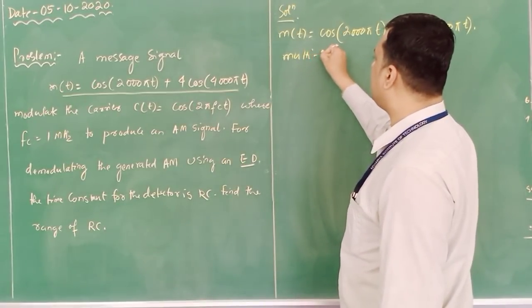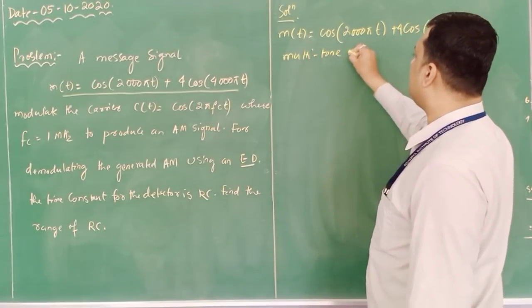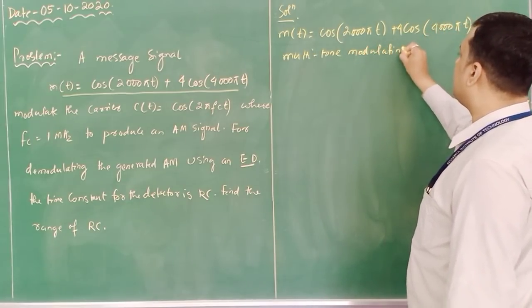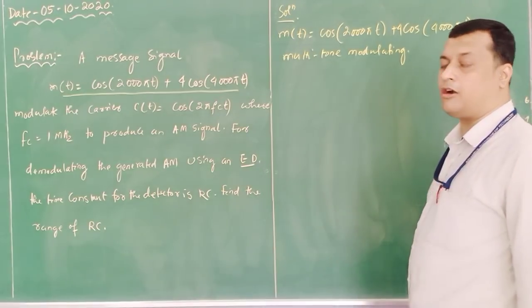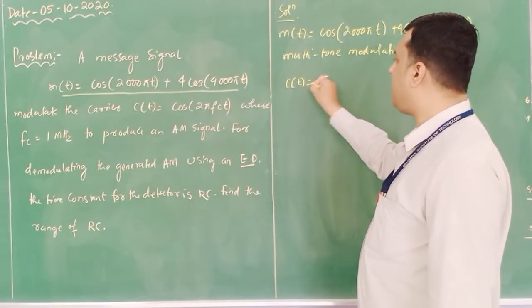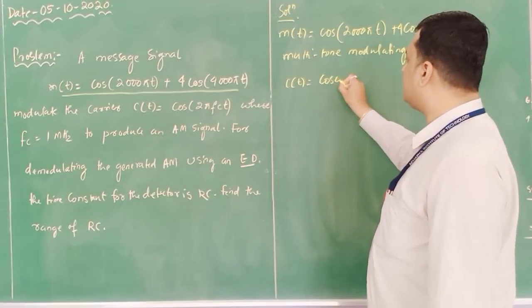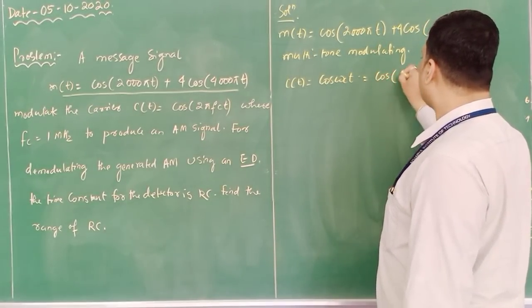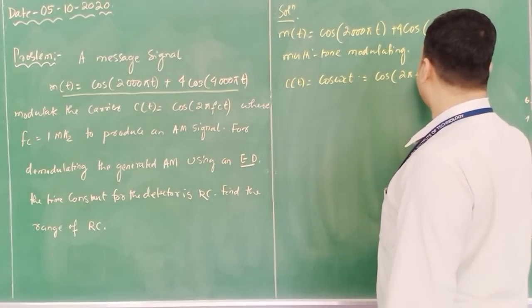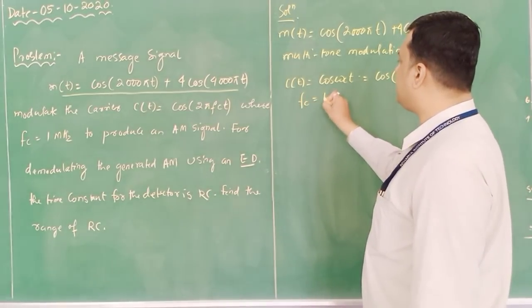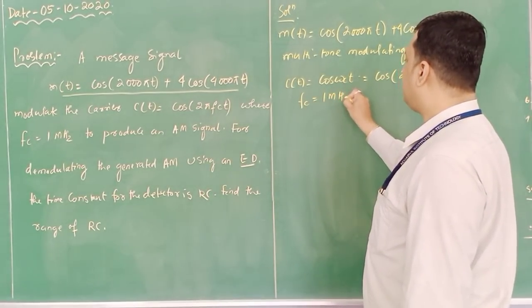We are discussing the multi-tone modulating signal, and it modulates the carrier, that is c of t equal to cos omega c t, or we can write cos 2 pi fc t, in which fc is given as 1 megahertz.